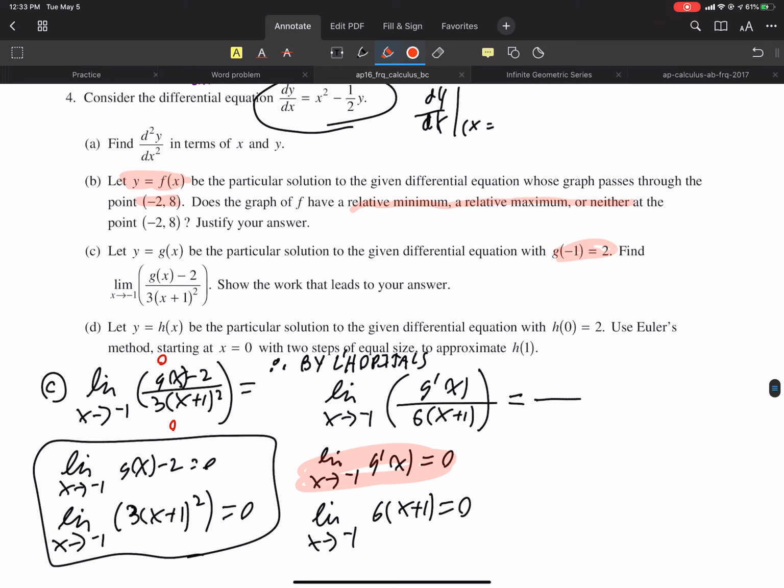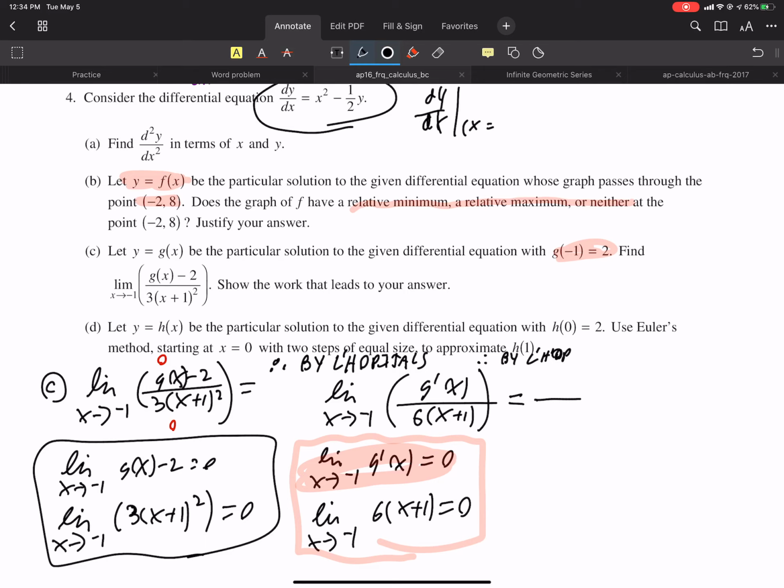I'm just looking at the scoring guideline. So we have L'Hopital's again. Therefore, by L'Hopital's, whoops, got that in the wrong spot.